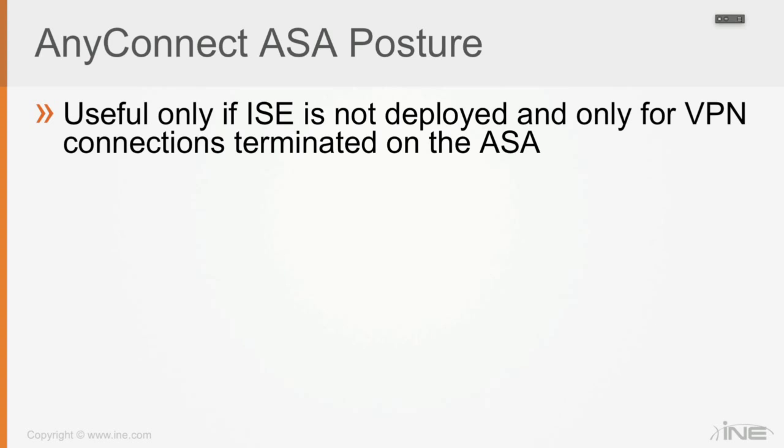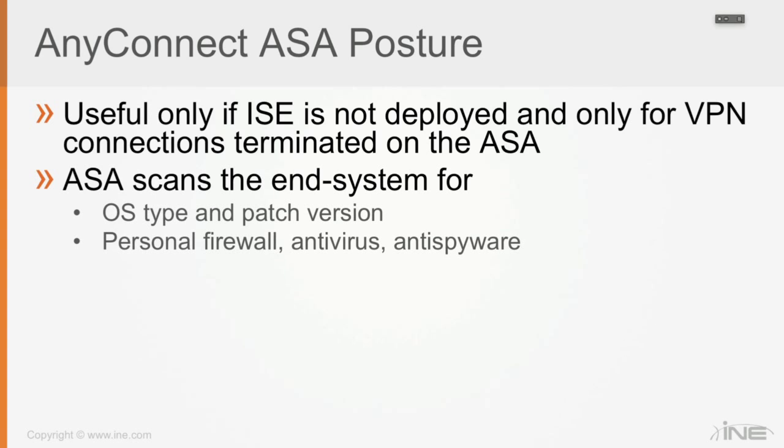What this means is that when you terminate a VPN tunnel on the ASA using, of course, Cisco's AnyConnect client, if you have the posture module installed, the ASA is going to scan the end system for the OS type and patch version, like Windows version and patch version, and any kind of upgrades available. It's going to scan the system to see if it has a personal firewall active or installed, antivirus, anti-spyware, and a lot of those things.